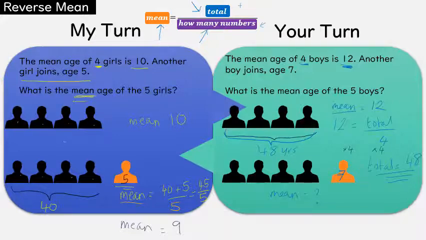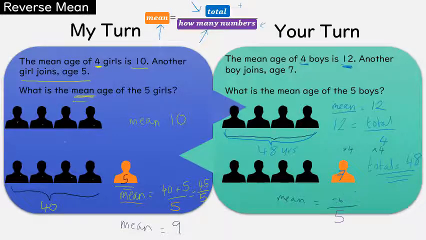Now we can go on to the second part here. Remember, the mean we've got to work out is the total divided by the number of how many there are. Let's see which bits we know. Well, we know how many boys there are now. Now with that new boy, there's 5.